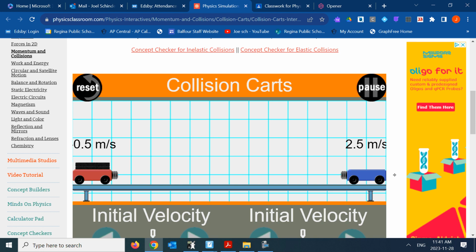Can you guys suggest a way to have a heavier red cart and a lighter blue cart hit each other? Well, can you guys make some suggestions? How can I make them both the same momentum when they hit? Give me a combo. Remember, this is sticking to 3, 2, and 1 for the masses and for the velocities.